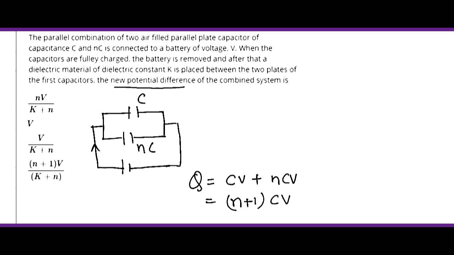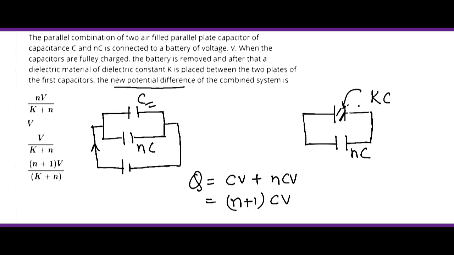Okay, now for the second case, when the battery is removed, this will be the circuit, and when the dielectric material having constant K is inserted in this capacitor, the new capacitance will be K times C. Initially it was C, now it is K times C, and this one will be NC.